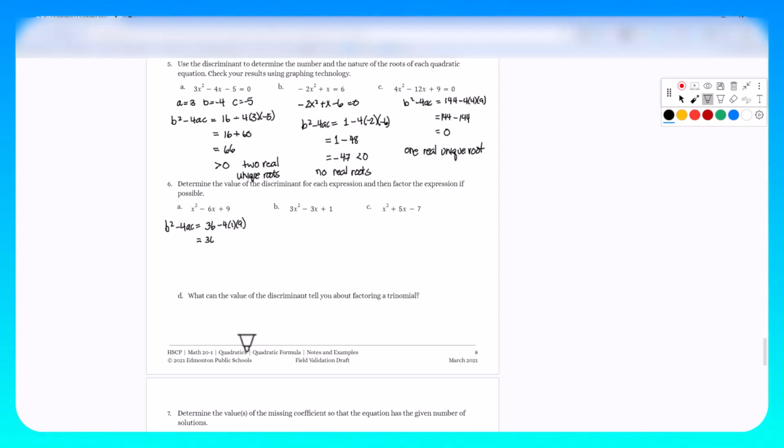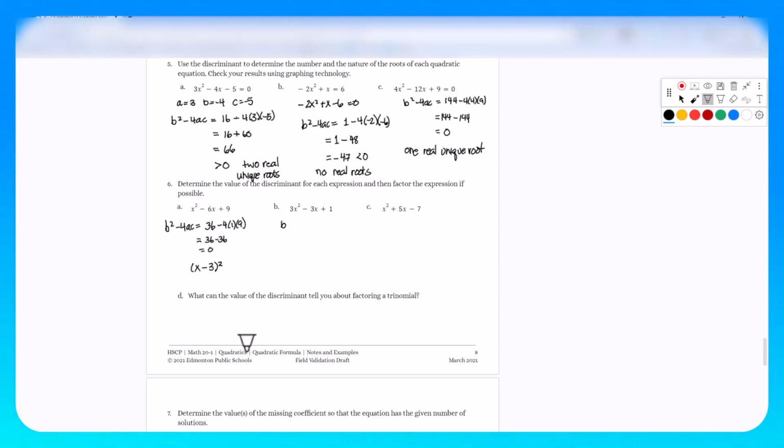And that's 36 minus 36, which equals 0. That's going to tell us we have one root, which tells me this is a perfect square trinomial. And sure enough, the middle value is 2 times 1 times the square root of 9, which is 3. So this, as a factor, is x minus 3 squared.